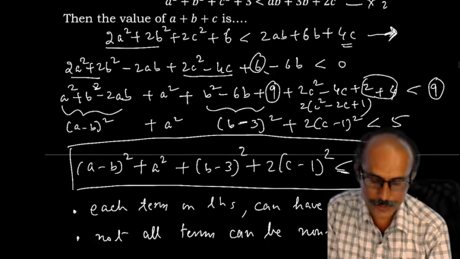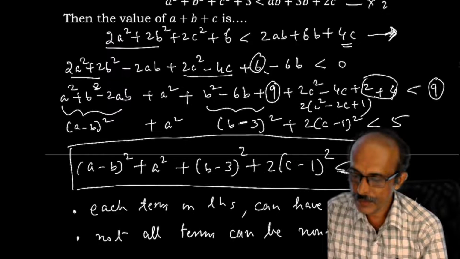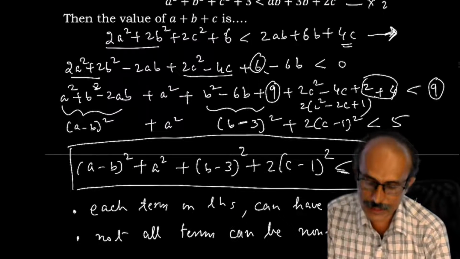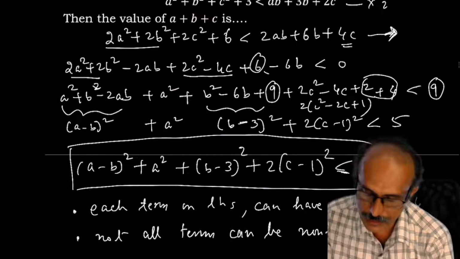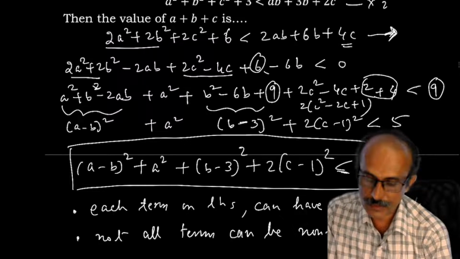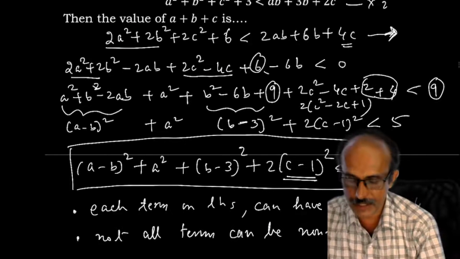See the observations, observation 1 and 2. So let us start focusing on what happens if c minus 1 is 0. So let us now deal with cases.